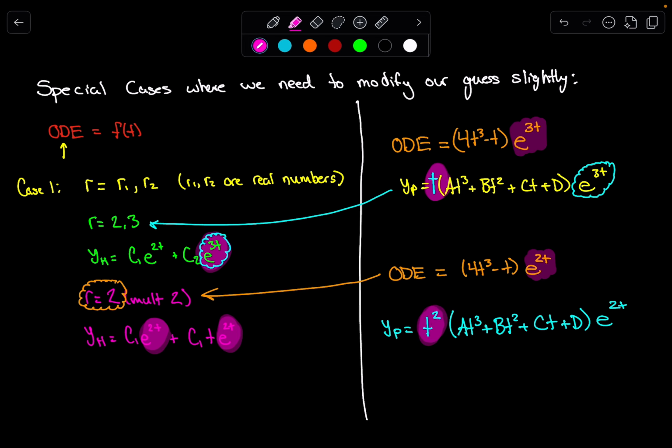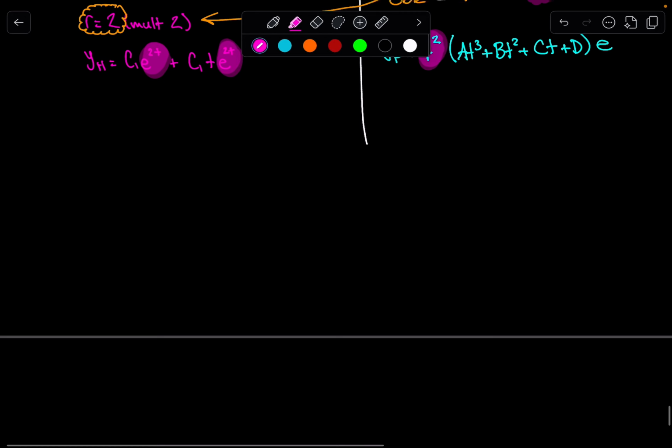So this is our first special case where r is a real number, but you may remember that we don't necessarily just have real solutions. So in case 2, when solving these ODEs, when we're solving for the homogeneous solution, we can get the case where r is equal to a plus or minus ib, right?